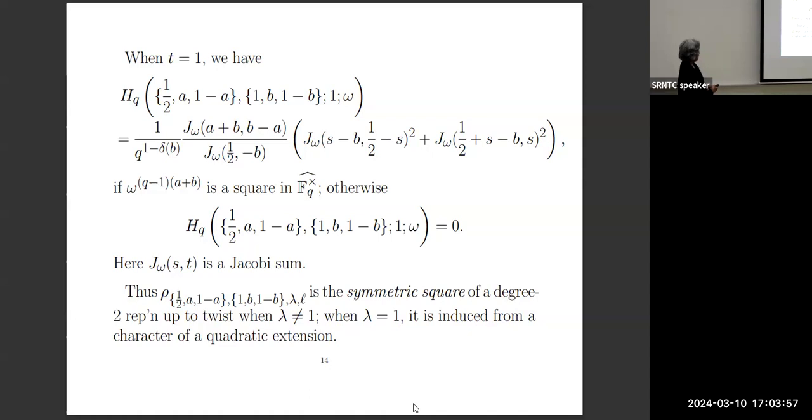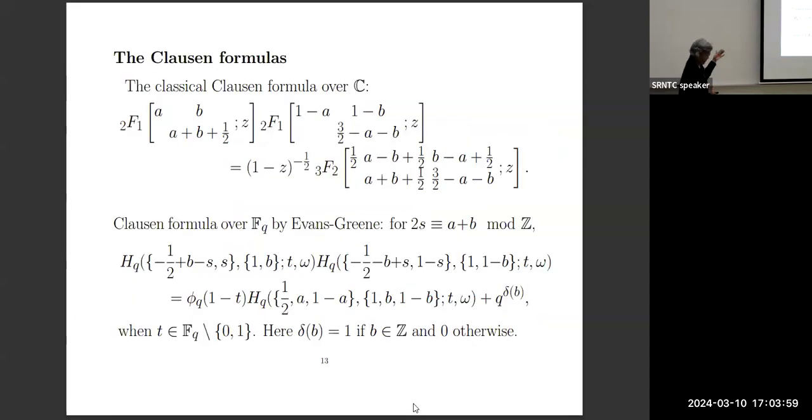So these are the identities of the character sums. Now let's try to understand these identities from the viewpoint of Galois representations. We should think of this H_q as an H_p. So we have a degree 2 Galois representation whose trace of Frobenius at p is equal to each character sum there.